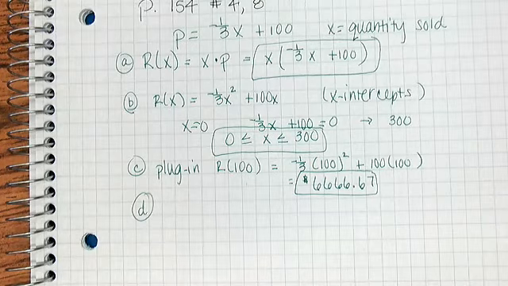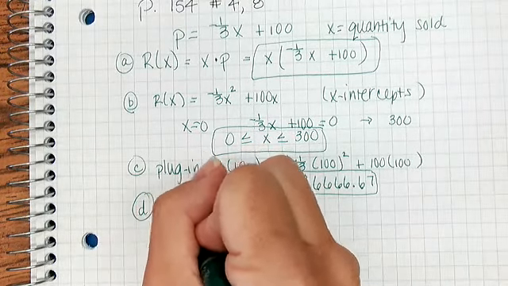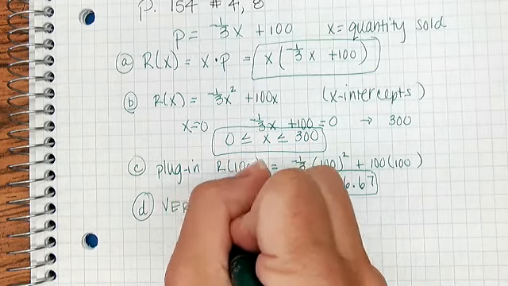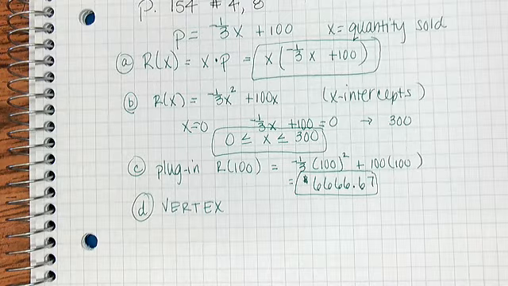So part D says, what quantity maximizes revenue? What's the maximum revenue? And that, my friends, is the vertex. If you want to know what quantity maximizes revenue and what is that maximum revenue, that is your vertex.